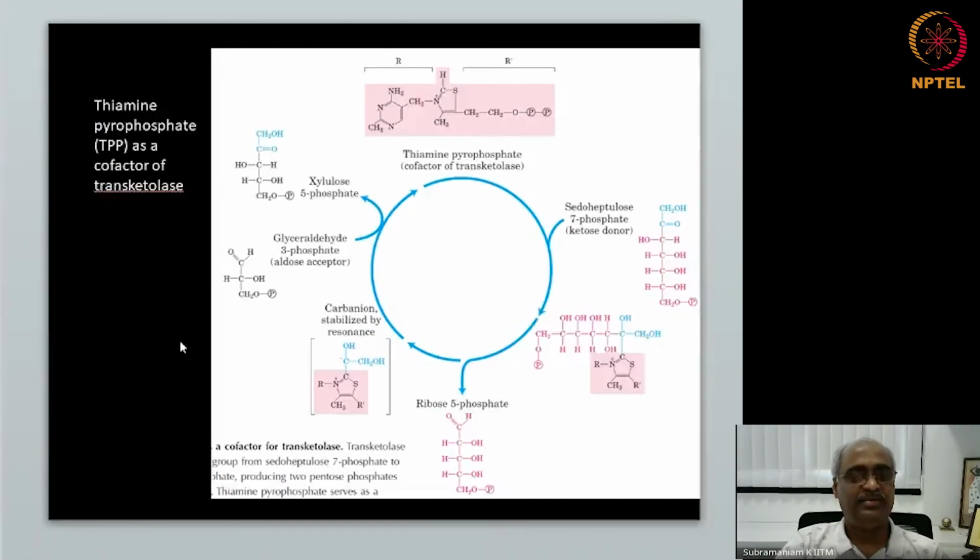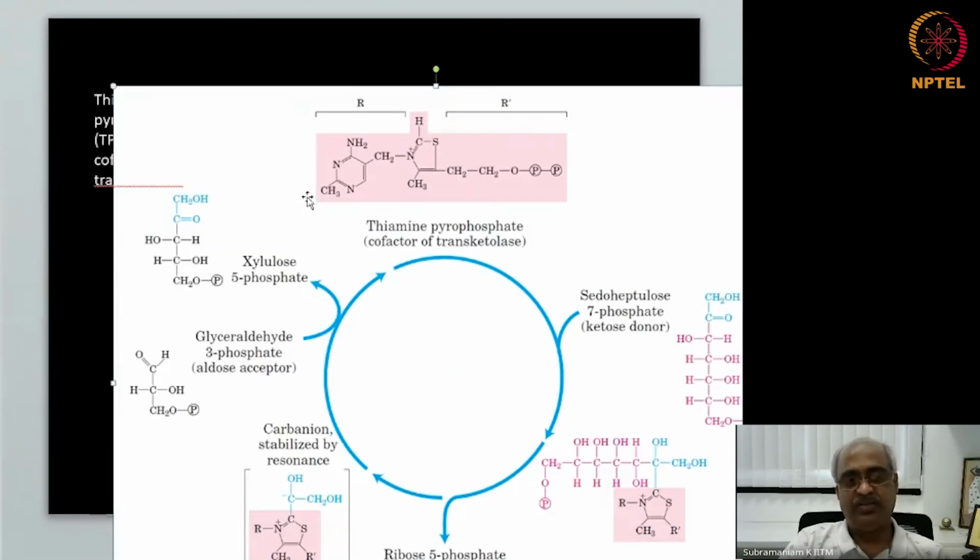All right. So now we will focus a little bit on the transketolase enzyme, because this enzyme we will probably not encounter elsewhere in biochemistry, but this is an important group transfer reaction. So therefore I want to go through it in some detail, not great detail, but some detail. So this molecule is very familiar to us.